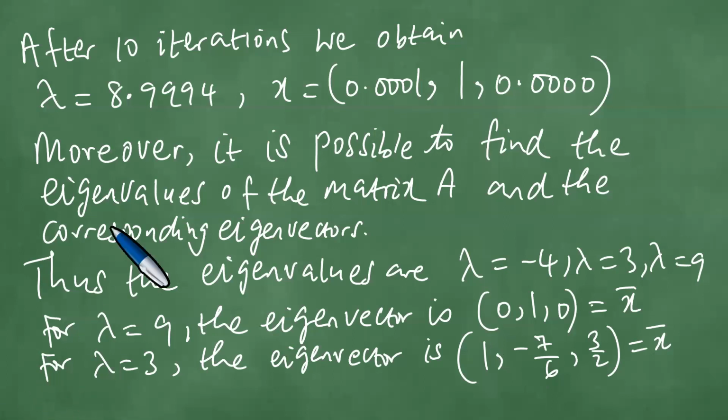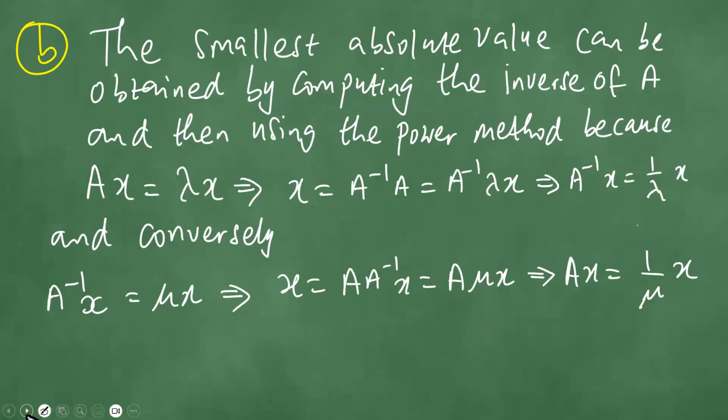It was 8.99 after 10 iterations, meaning we're very close to the 9. So it's a very interesting observation that the dominant one of the largest magnitude is 9, and we're close to it using the power method. So the power method converges to the most dominant, but also if we're looking for the eigenvalue of least absolute value, the power method also converges accordingly.